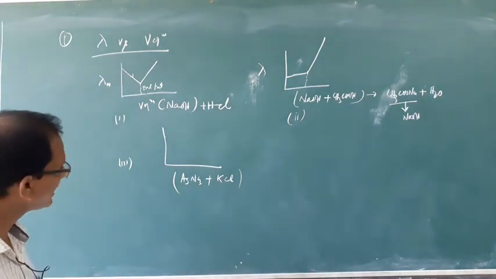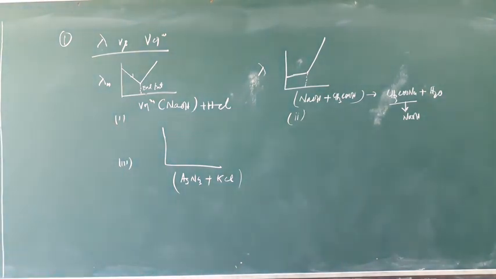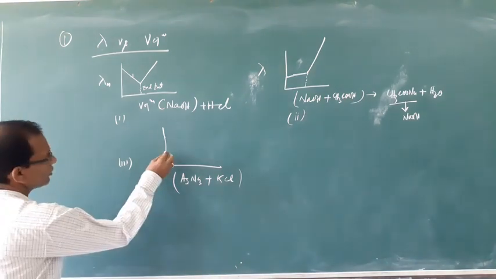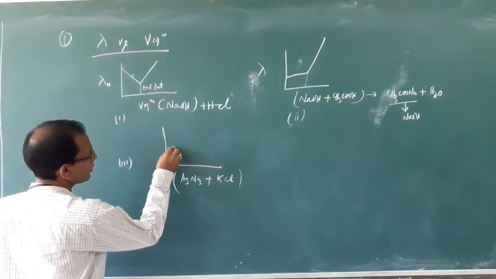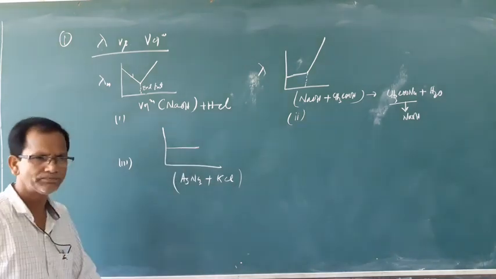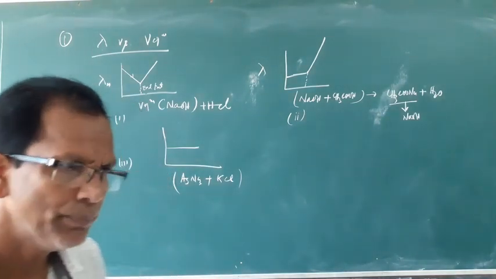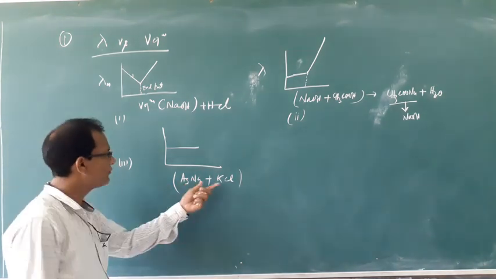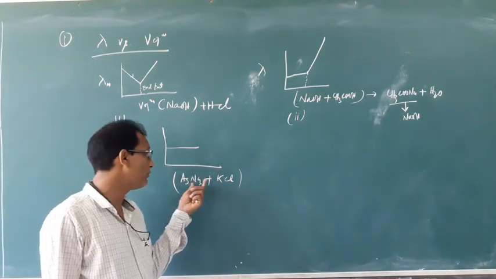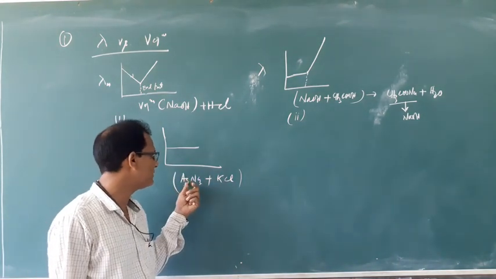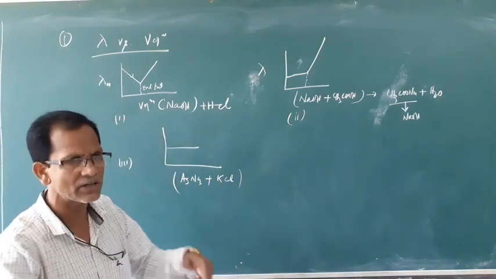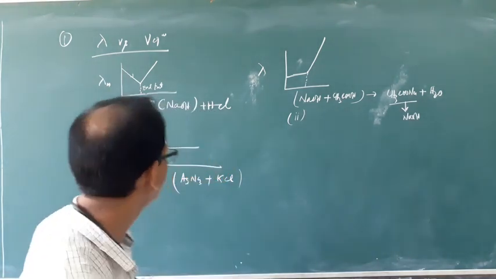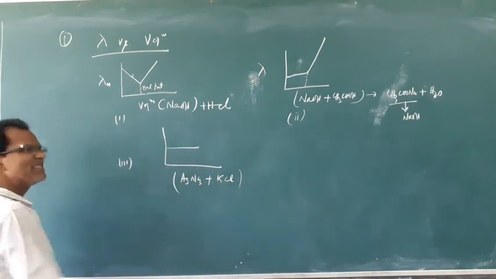As both are strong electrolytes, what happens? The conductance will remain almost the same. Why does conductance remain the same? Because there will be no effect on conductance by adding AgNO3 and KCl, because both are strong, highly soluble. So conductance will remain the same.